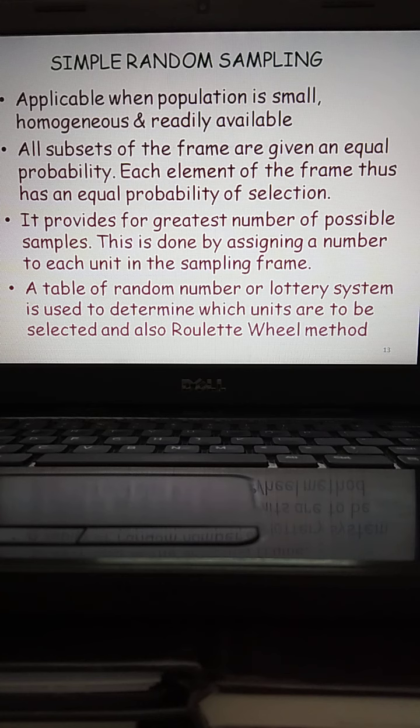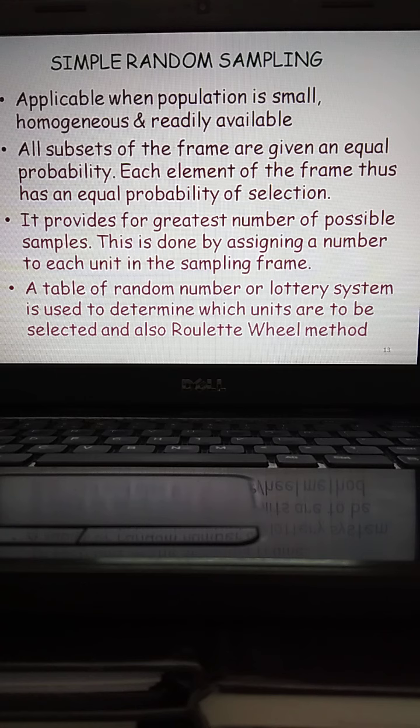Just like that, if you consider any statistics book, at the rear end of the book you will find a table of random numbers: 2 digit, 3 digit, 4 digit. Different types of random numbers would be there, especially Tippett, T-I-P-P-E-T. Tippett random number tables are very, very famous.